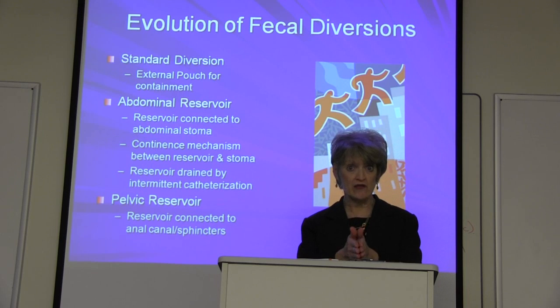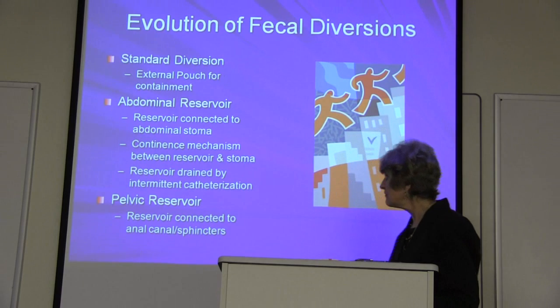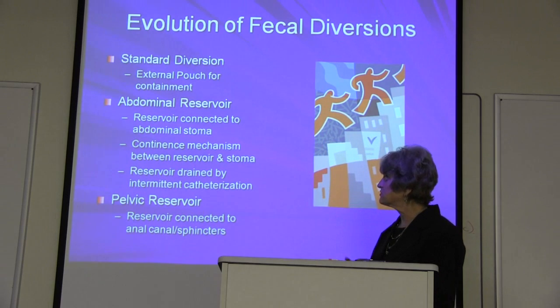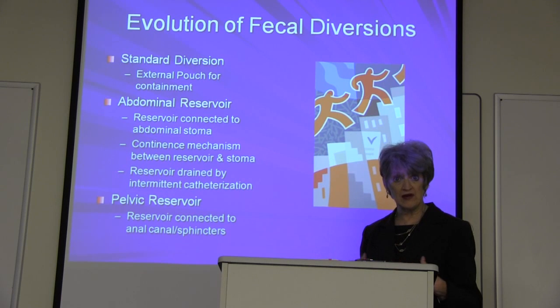That one-way valve holds the stool in the reservoir until the patient passes a catheter through that one-way path to drain the reservoir. So you have an internal reservoir connected to an abdominal stoma. Between the stoma and the reservoir, you have a continence mechanism, and management involves periodic catheterization to drain the contents.